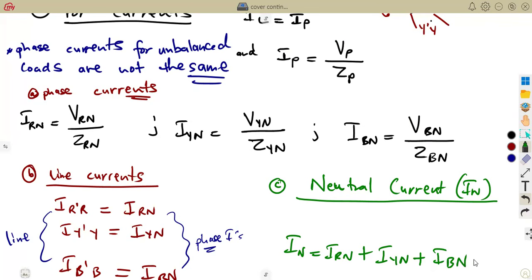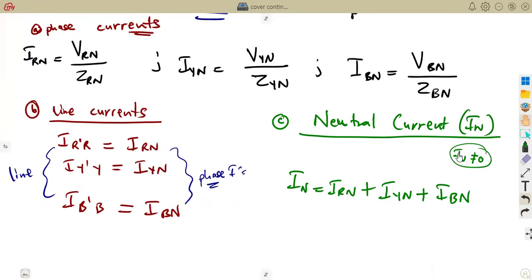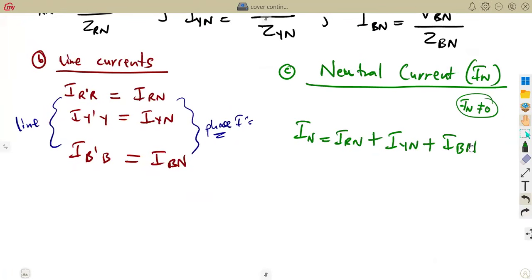Just like that. So you have this as your neutral, and that neutral current cannot be equal to 0. IN cannot be equal to 0. It will be certainly a certain value, not 0, because it's there. That's the neutral current. So that's it, guys, for the currents. You need phase currents, line currents, neutral current.